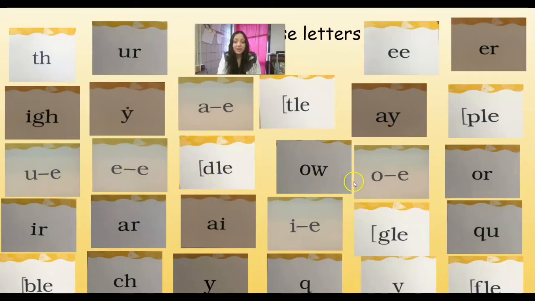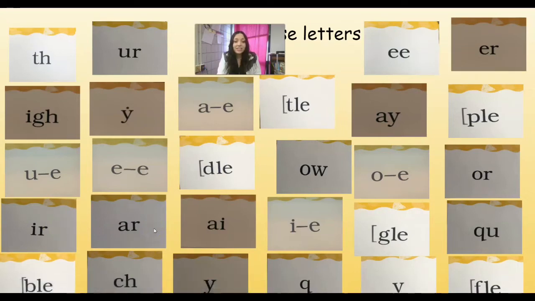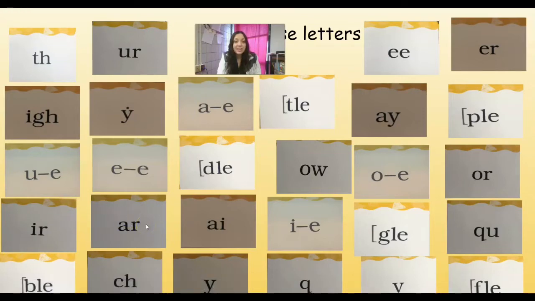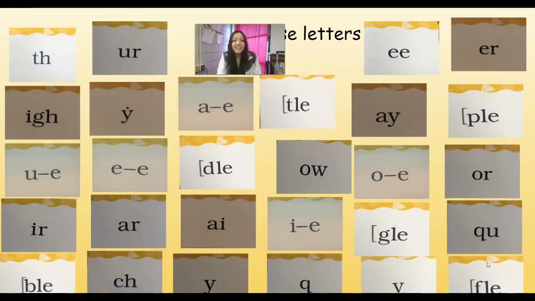Digraph OW, O consonant E, combination OR, combination IR, combination AR, digraph AI, A consonant E, final syllable GLE, combination QU, final syllable BLE. What's this one? Digraph CH, final syllable FLE. Very good.